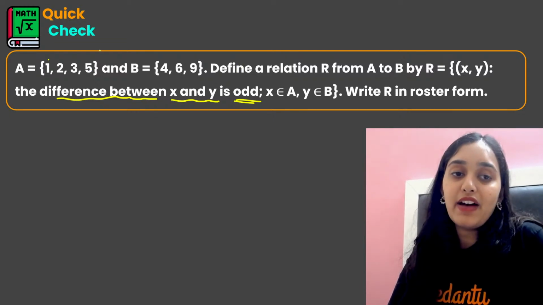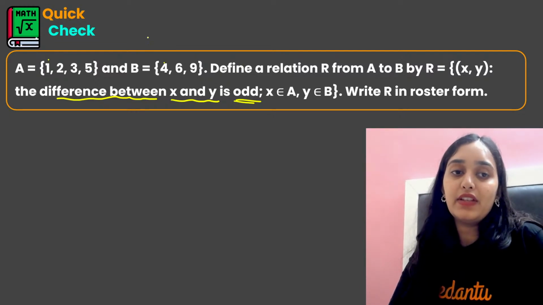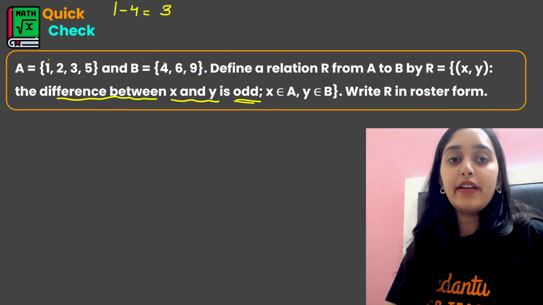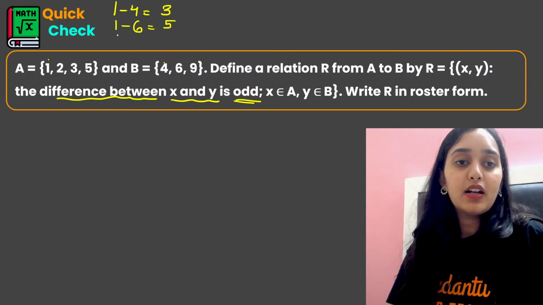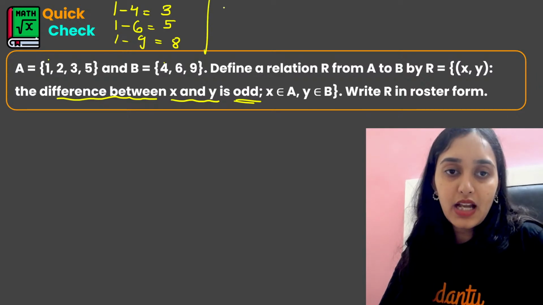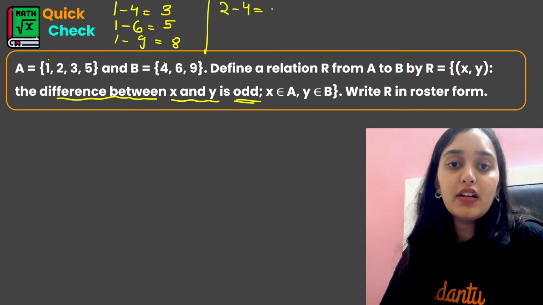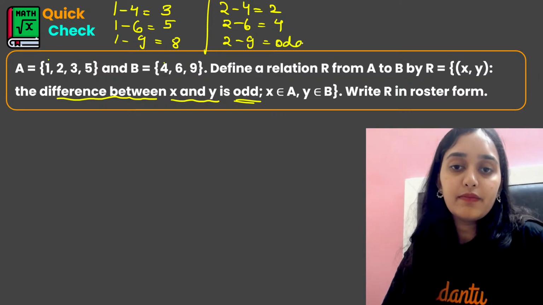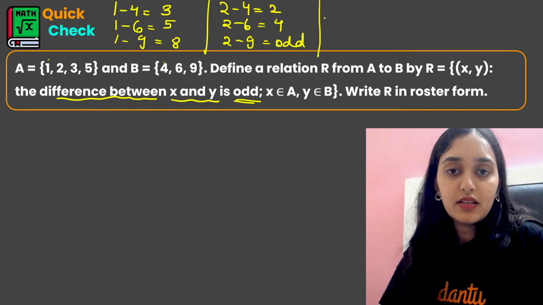Let's check 1 with 4, 1 with 6, 1 with 9. 1 and 4: odd number. 1 with 6: odd number. 1 with 9: even number. Again, 2 and 4: even. 2 and 6: even. 2 and 9: odd. Right?